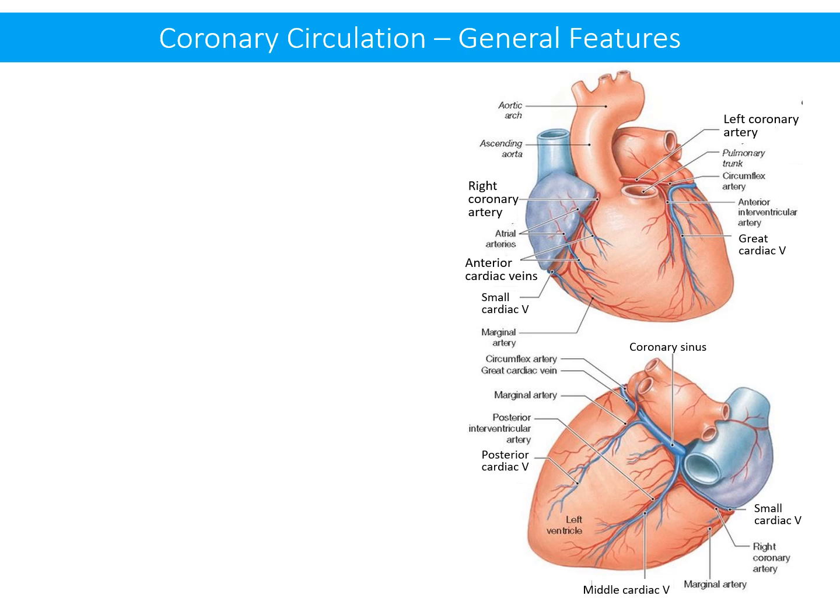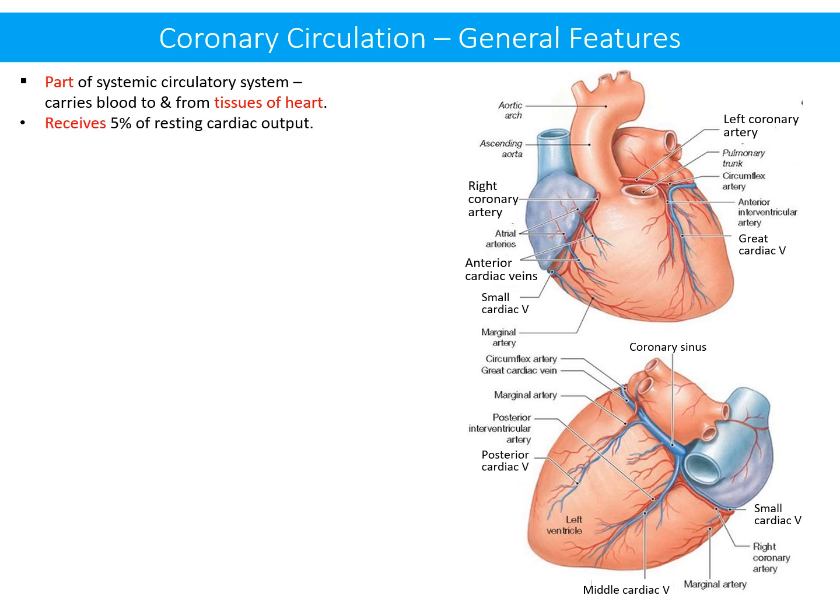Start with the general features of the coronary circulation. Coronary circulation is part of the systemic circulation which carries blood to and from the tissues of the heart. It receives 5% of the resting cardiac output.